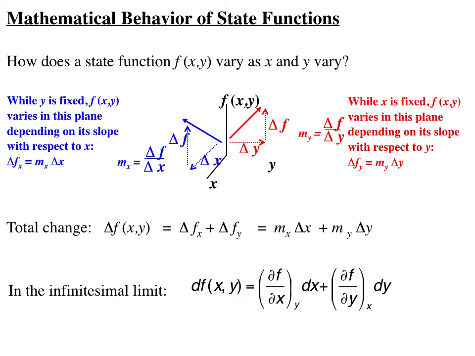But I'm constraining it such that while I'm looking at the increment of change in the x plane, there's no increment of change in the y plane, and vice versa. So if I multiply this slope by the amount of change, I will get the increment of change in each function.